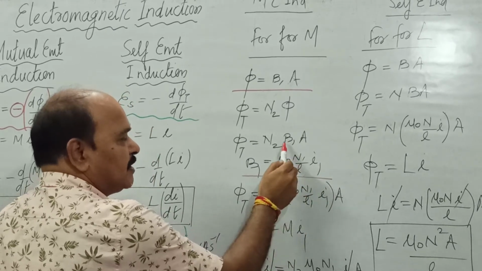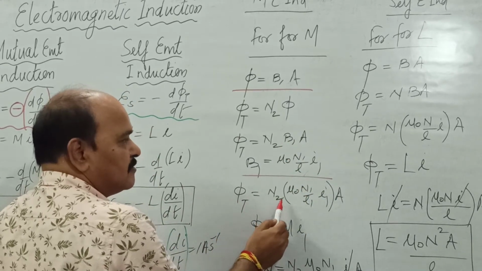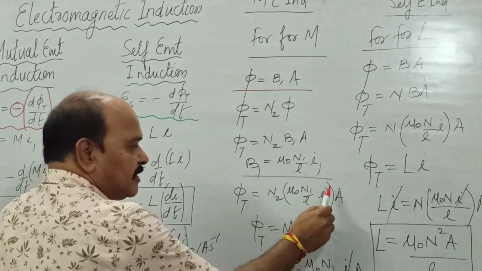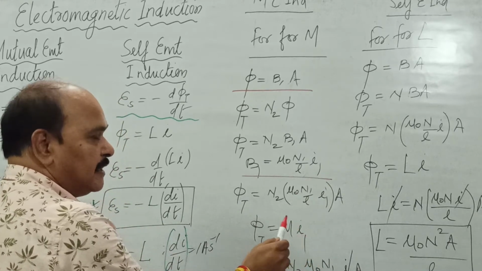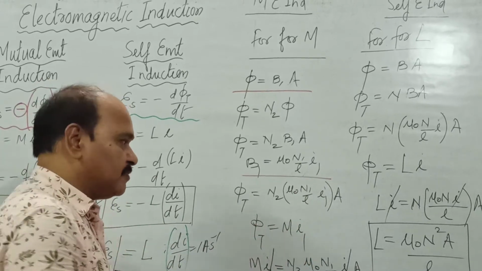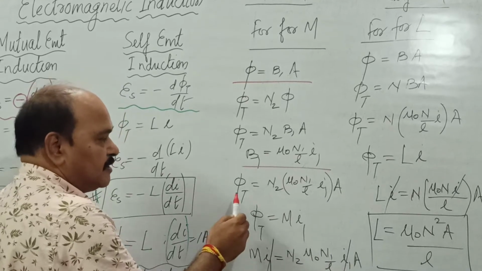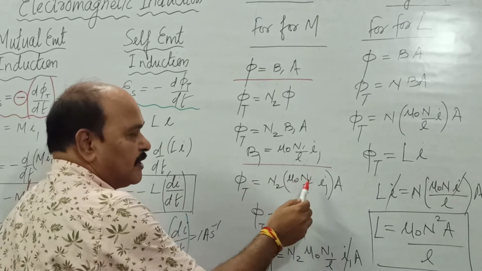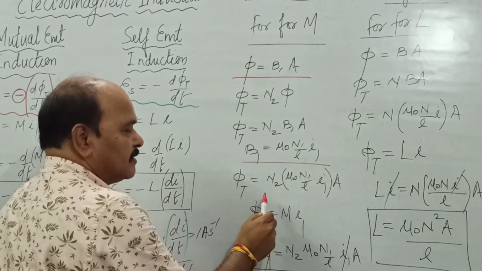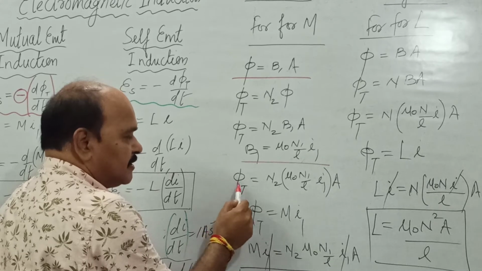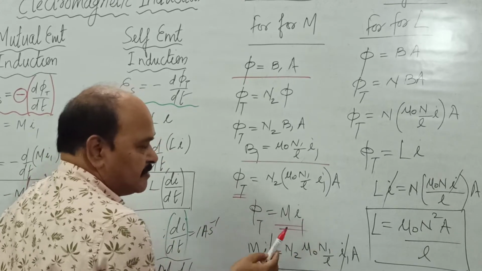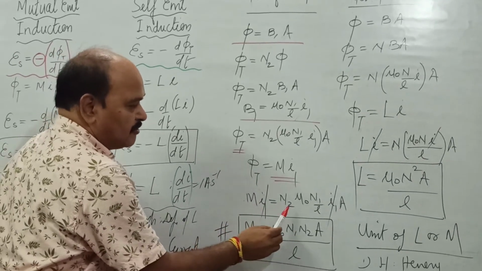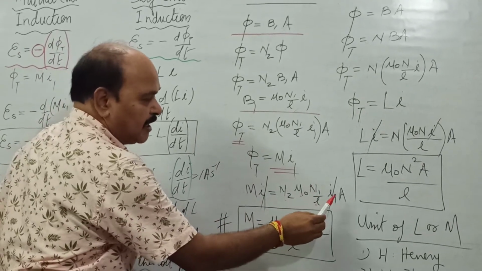If we substitute this value here, we get the flux as N2 into mu naught N1 by L I1 into A. The length of both primary and secondary coil is the same, so no need to write L1. So the total flux through the secondary coil is N2 mu naught N1 I1 A by L, and we know that this phi is nothing but M I1. So if we substitute, M I1 is equal to N2 mu naught N1 by L I1 into A.